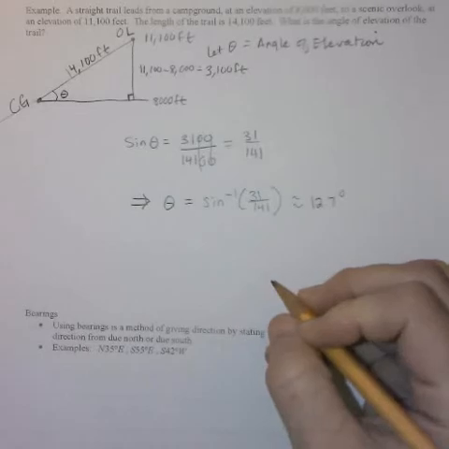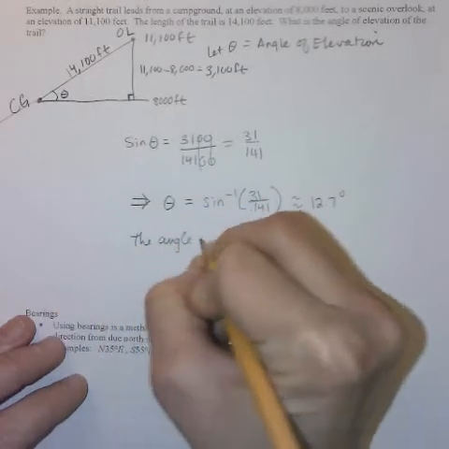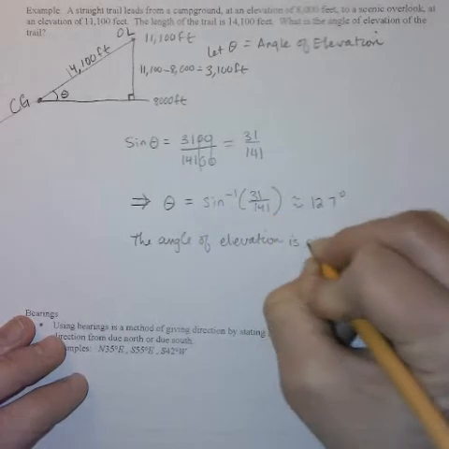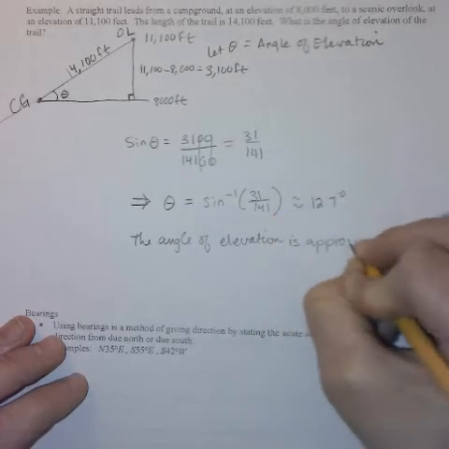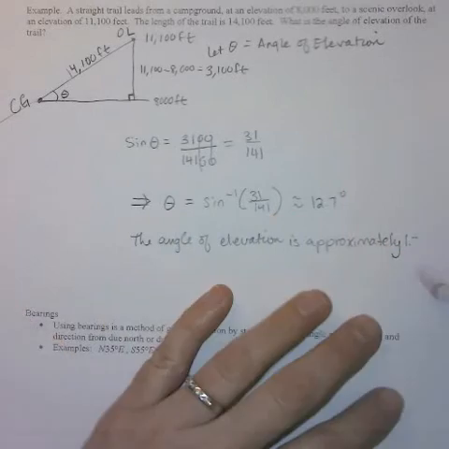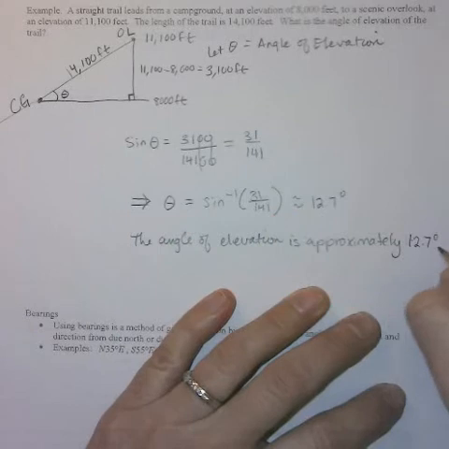So the angle of elevation is approximately 12.7 degrees.